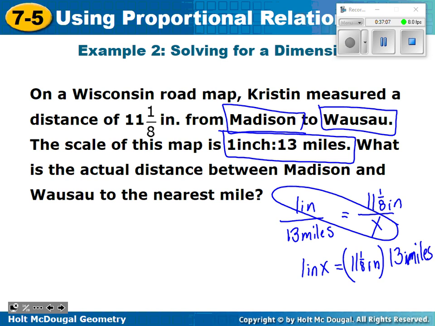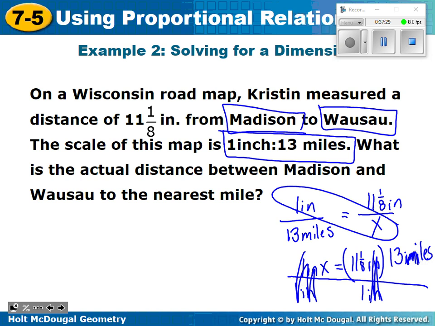And when I divide by 1 inch, what happens to my inches? They cancel out, right? So I just want to remind you that that's why you can use different units in a proportion, because your units will cancel out. Okay? So it'll just be 11 1/8 times 13, and your answer will be miles.